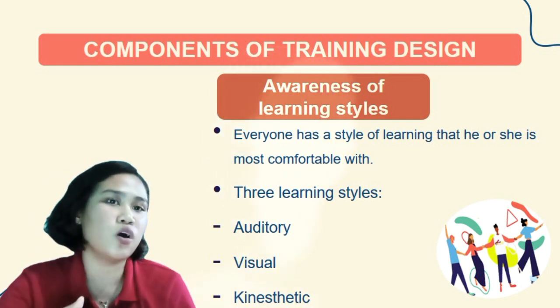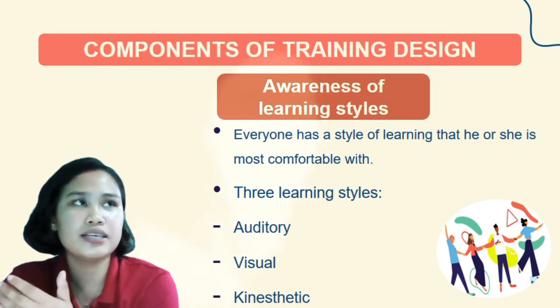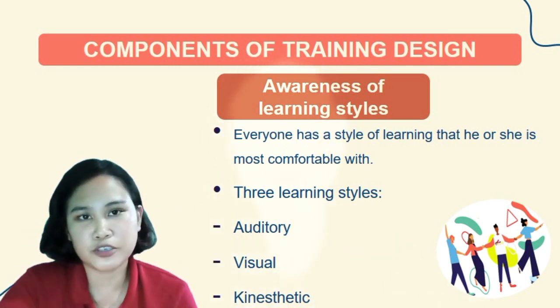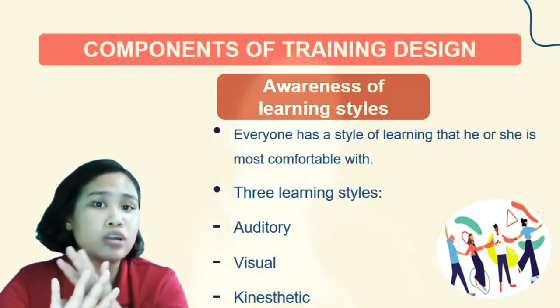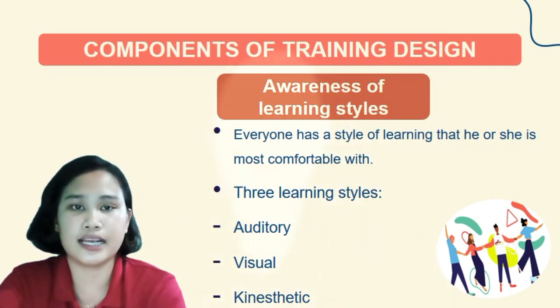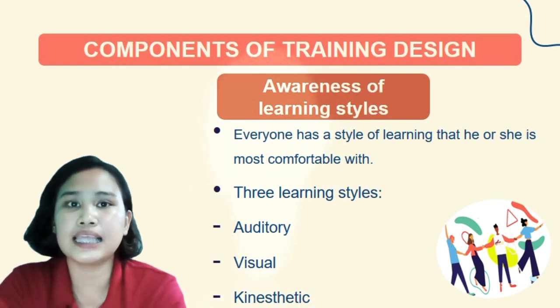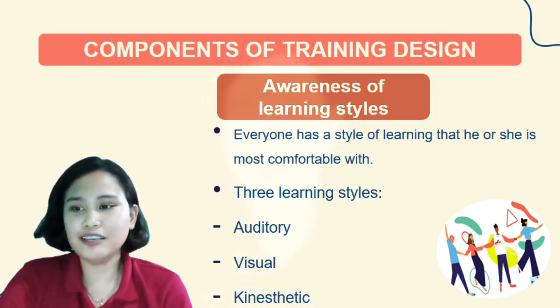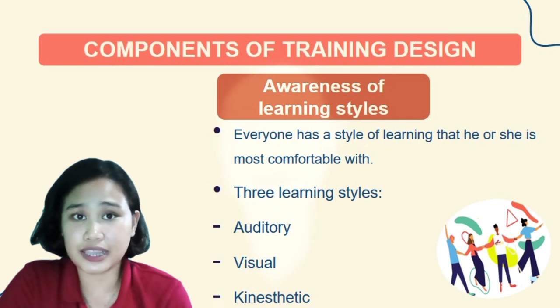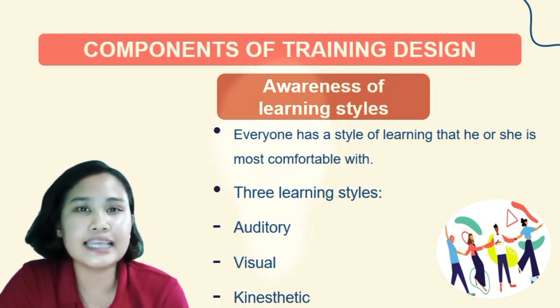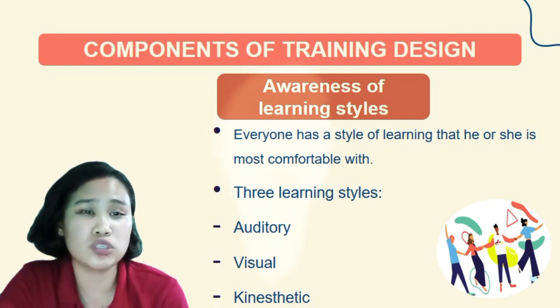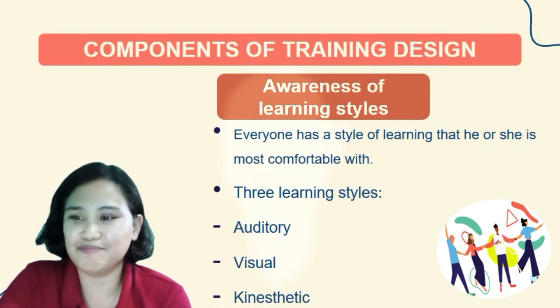Hindi kasi siya katulad ng auditory na kanina is mas naiintindihan niya ang mga impormasyon o direction sa pamamagitan ng pakikinig. Sila mas prefer nila yung nababasa nila at nakikita nila ang direction. Dahil doon, mas naiintindihan nila ito. Good handwriting, good memory for faces but not names. Dahil nga mas prefer nila yung nakikita nila, mas madali nilang natatandaan yung mukha ng nakakausap nila kaysa yung pangalan.